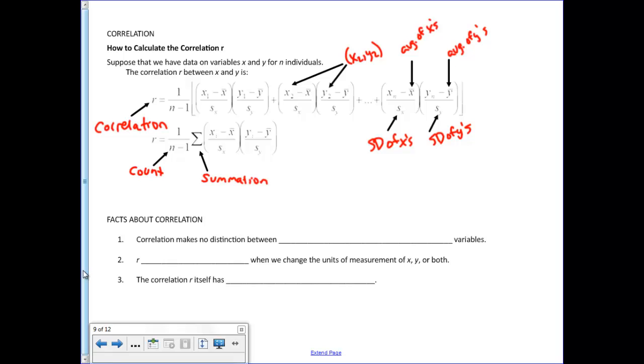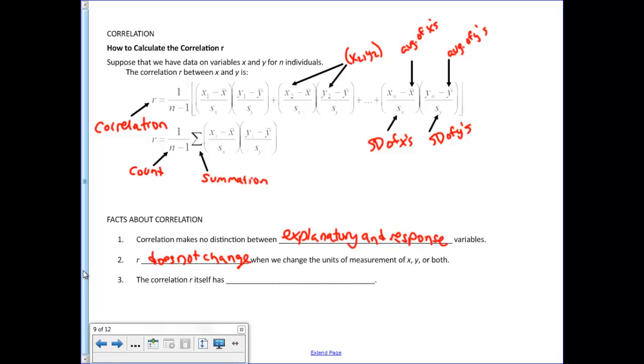Fun stuff. Correlation makes no distinction between explanatory and response variables. R does not change when we change the units of measurement on X or Y or both.